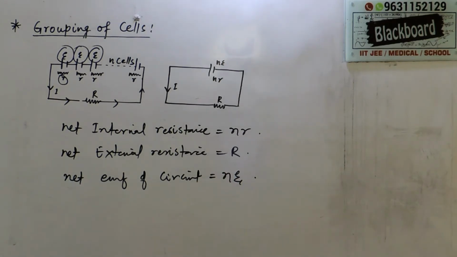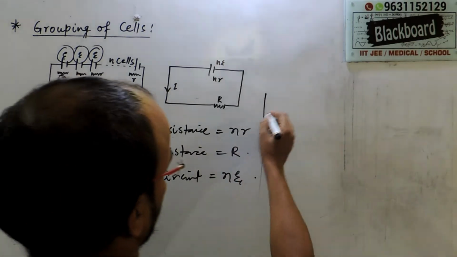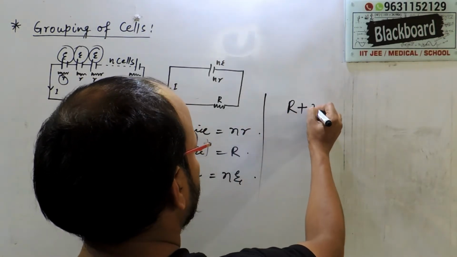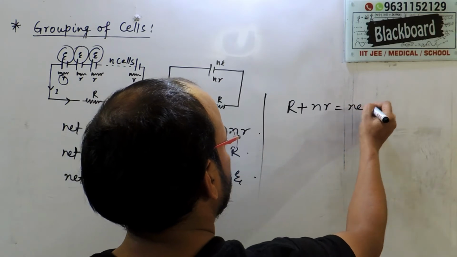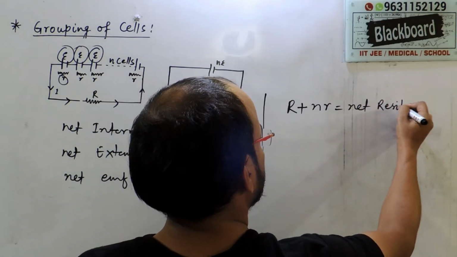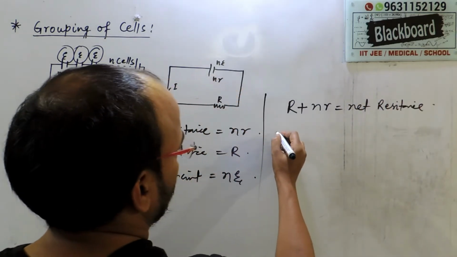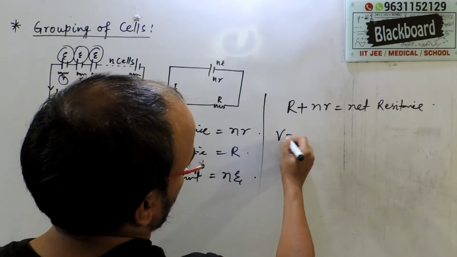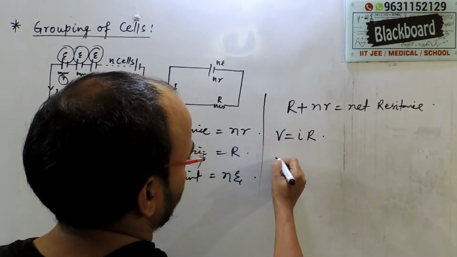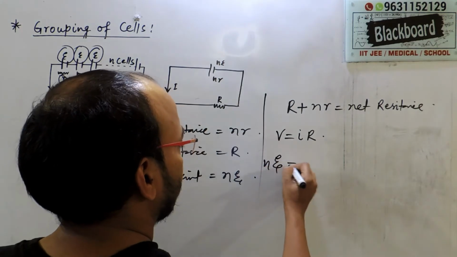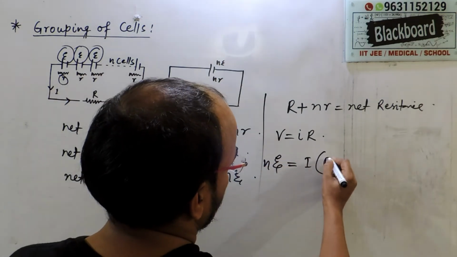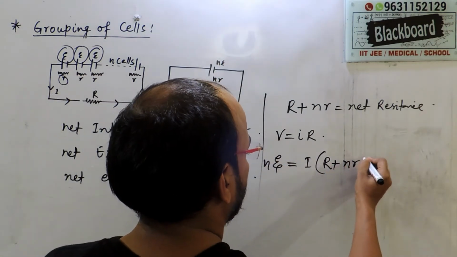Now you can write here, using Ohm's law, the total resistance is R plus nr. Now apply Ohm's law: V is equal to IR. That means V is nE, I is the current, and R is R plus nr.